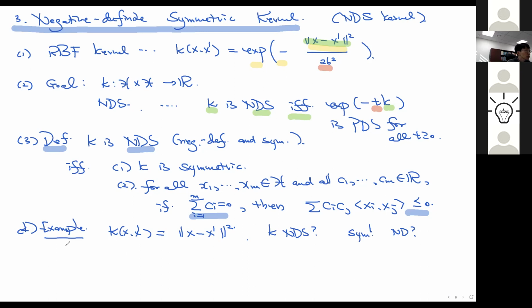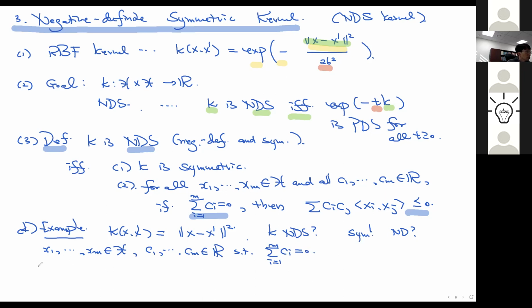To check this, we consider x1 to xm and c1 to cm such that the ci's sum to 0.